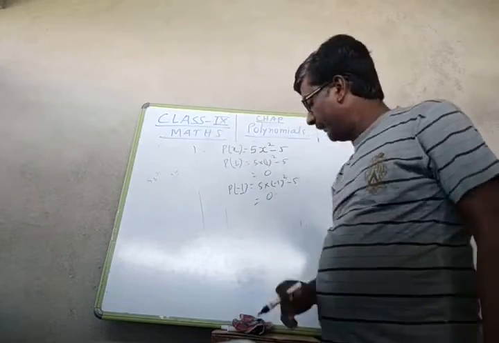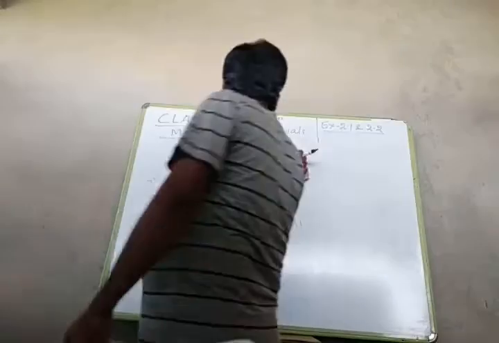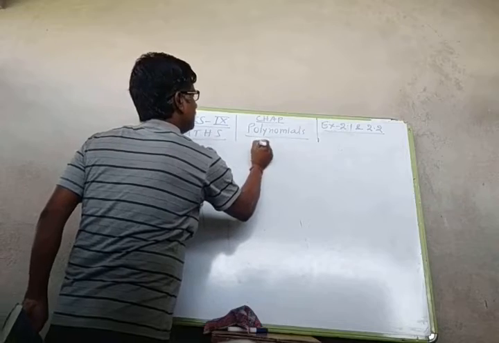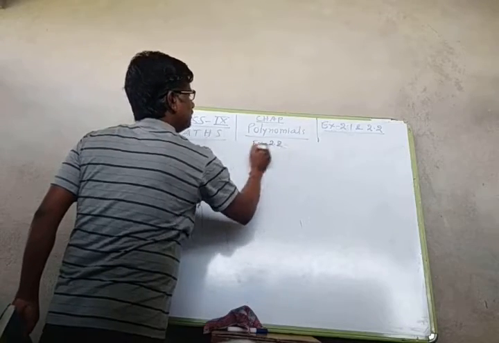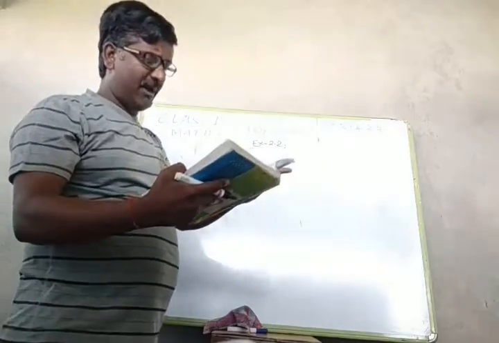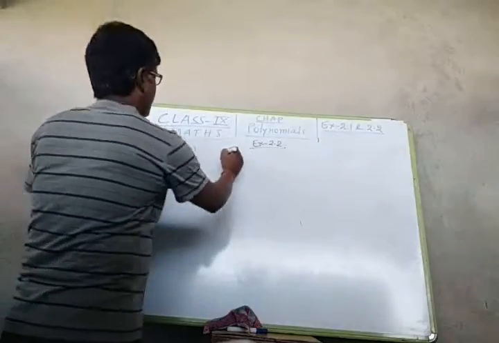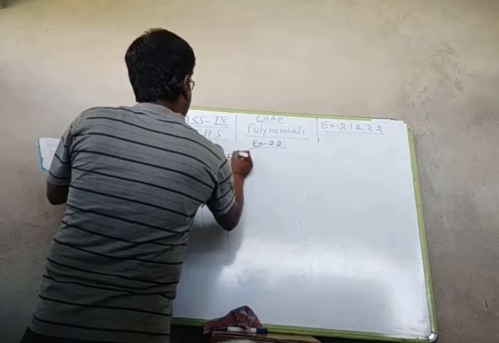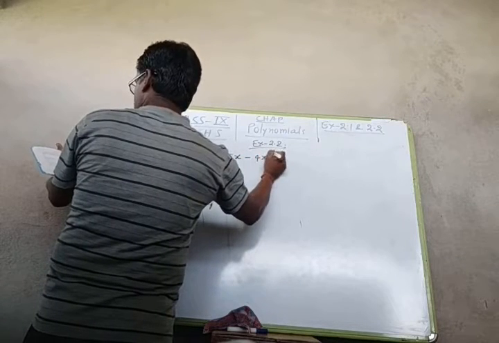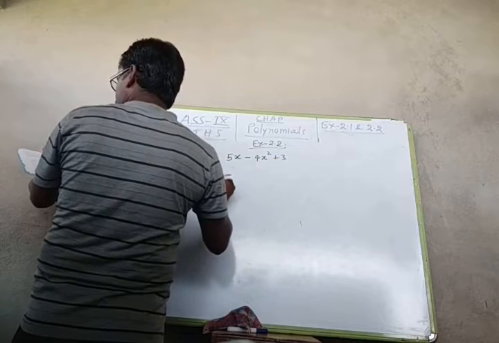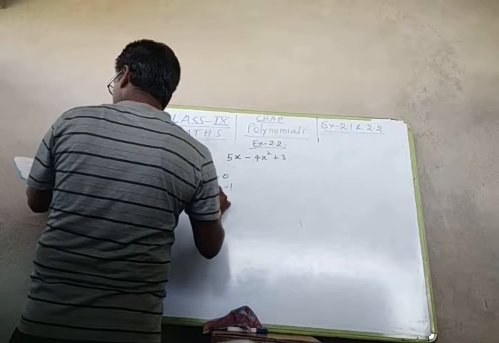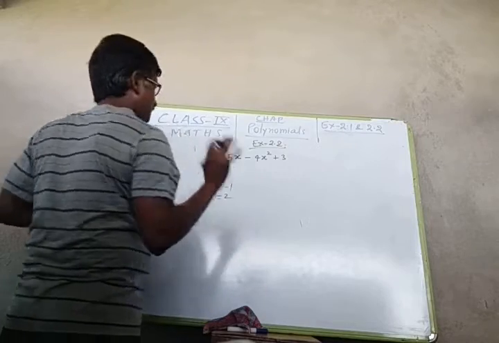Okay. So see, in exercise 2.2, the first question is given: find the value of the polynomial 5x minus 4x square plus 3 at x is equal to 0, x is equal to minus 1, x is equal to 2.